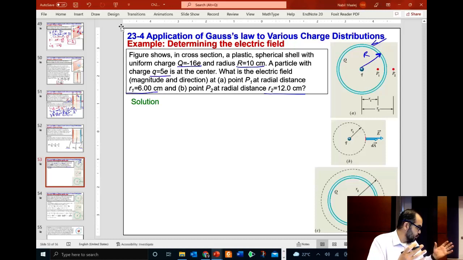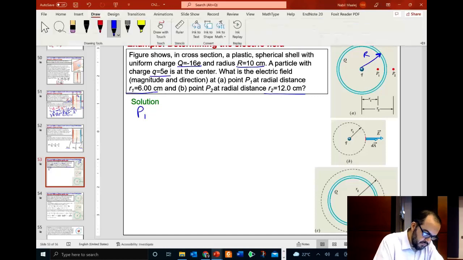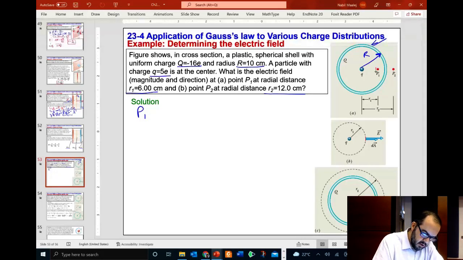Okay, so what we will do, we define closed surfaces at those points. Let me start with P1. So for P1, let me draw a Gaussian surface. So this is a sphere of radius R1. Point P1 is on that sphere, and let's use Gauss's law.